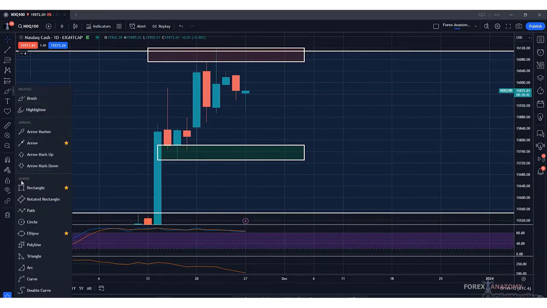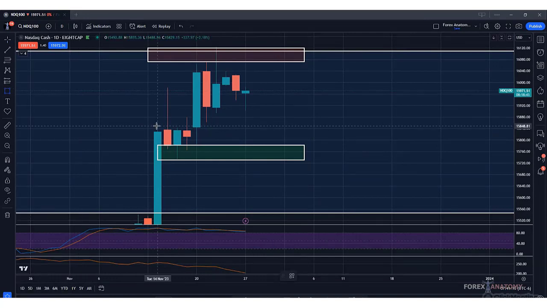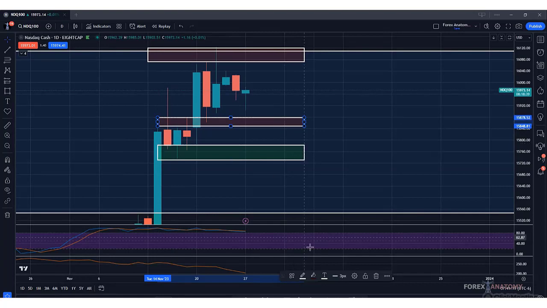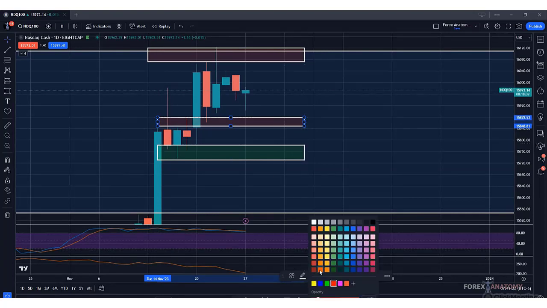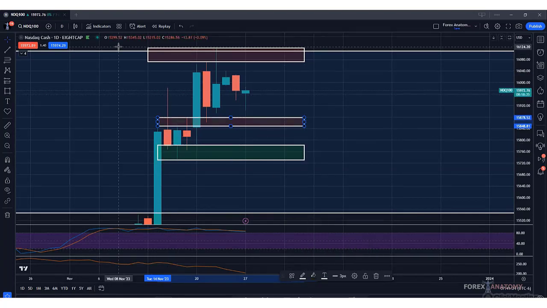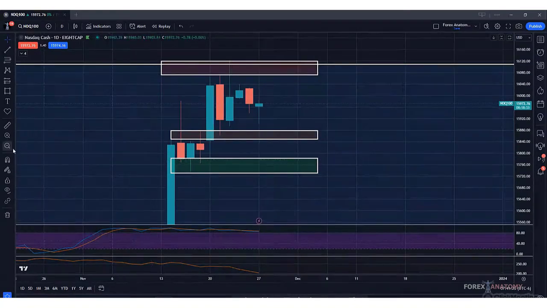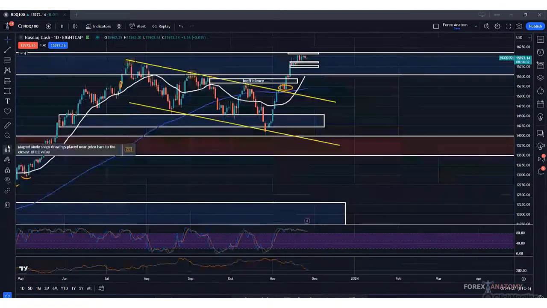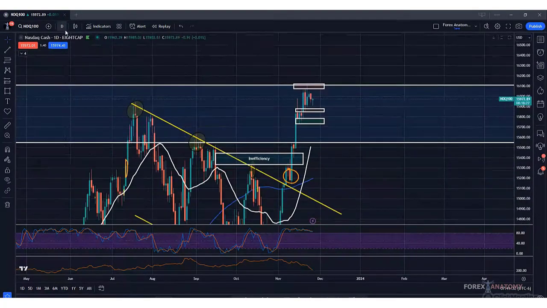As a matter of fact, let me also do this. Let me just draw this in as well, because we cannot ignore this zone right here. Let me make this orange. All right. So we have that. And what we're going to do from here, we're going to drop down to the 4-hour.